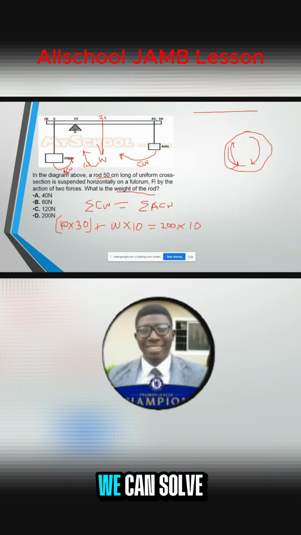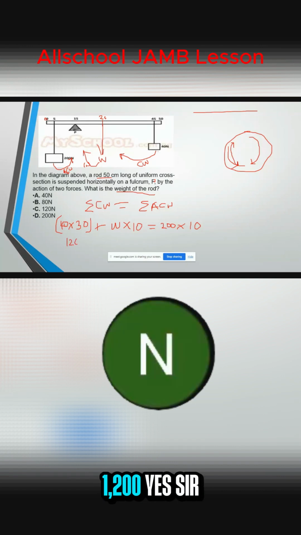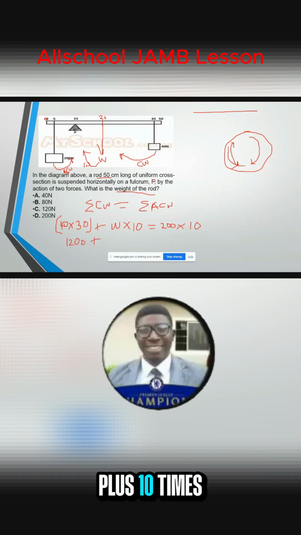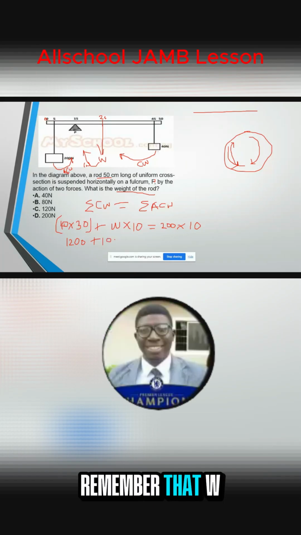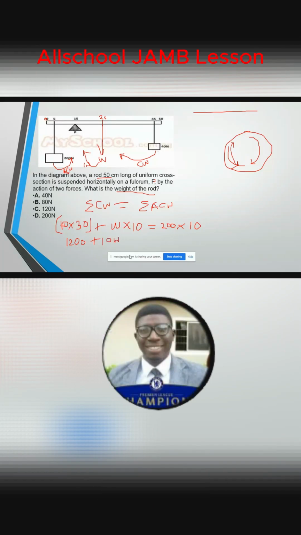So you see, we can solve 40 times 30, which gives us 1,200, plus 10 times W, 10W. Remember that W is the weight of the rod.